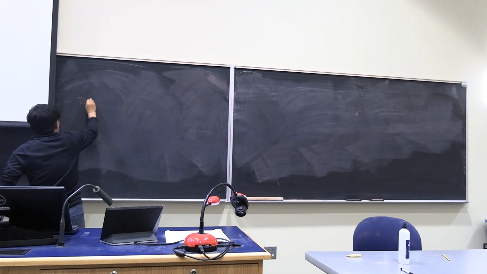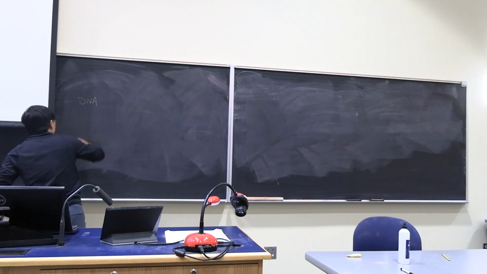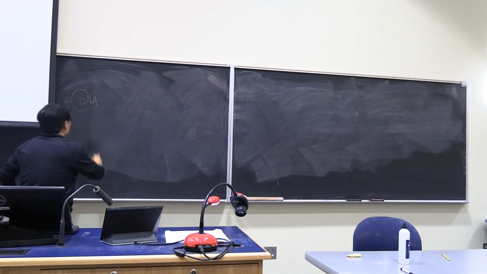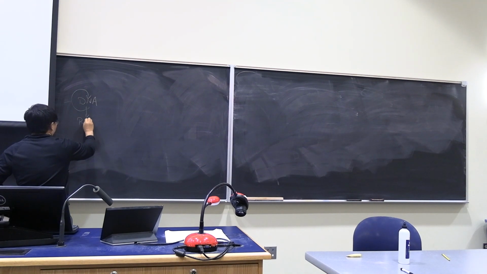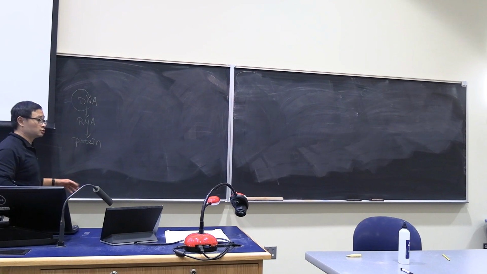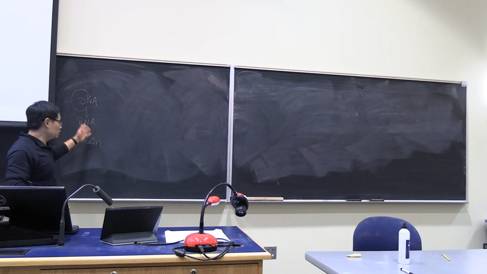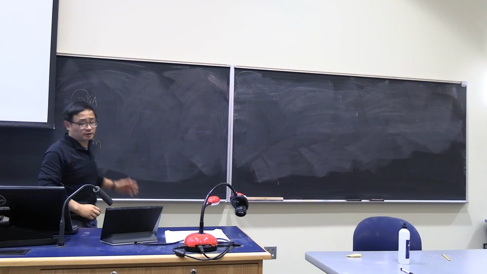The outline of this class, of this exam 3, is that we talk about DNA replication, going to RNA, which we call transcription, and then going to protein, first with amino acids, then with protein, which we call translation. We already talked about all this material.